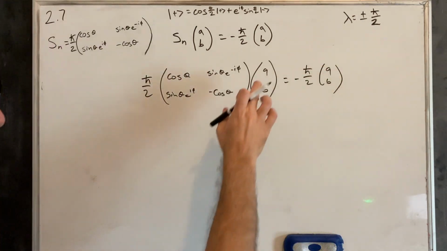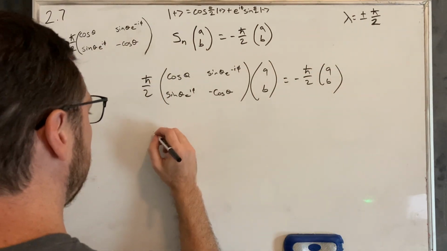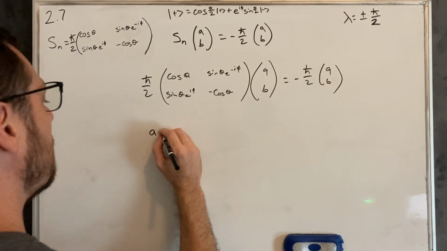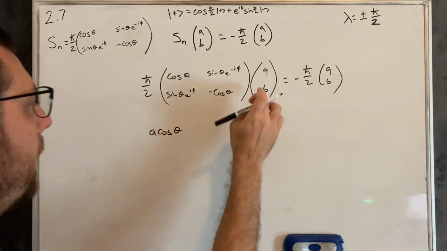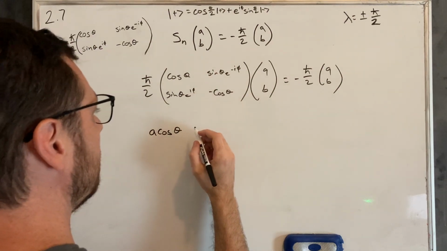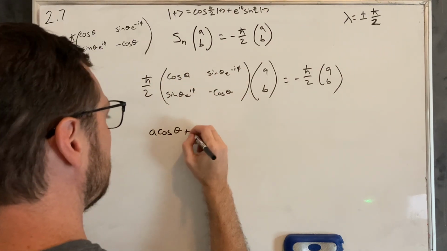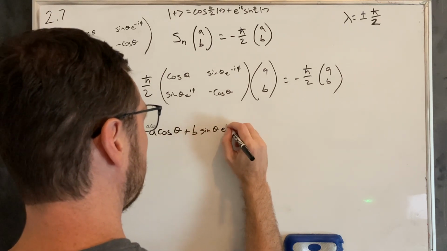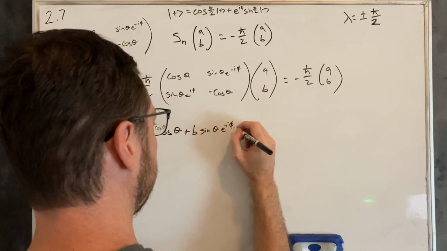All right, so if we do a times cosine theta, we have a cosine theta, and then b times this is plus b sine theta e to the negative i phi.